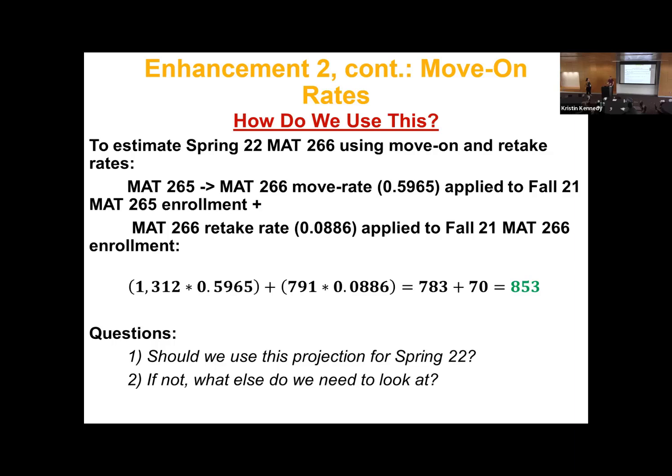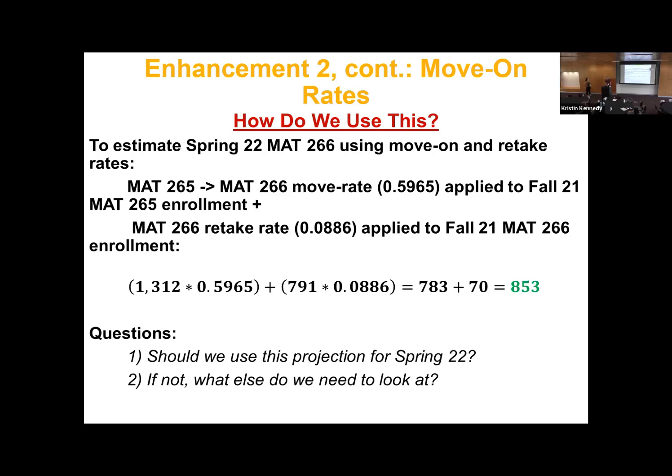We apply that to the fall 21 Math 265 enrollment, which is what we had at the end of term, which is 1,312. Then we also need to consider the Math 266 retakes, so we apply that rate to the 266 enrollment in fall, which was 791. And we estimate that approximately 853 of these students will occupy 266.